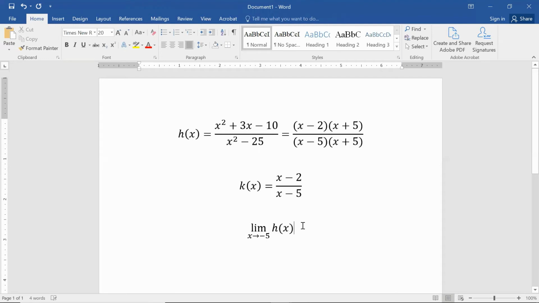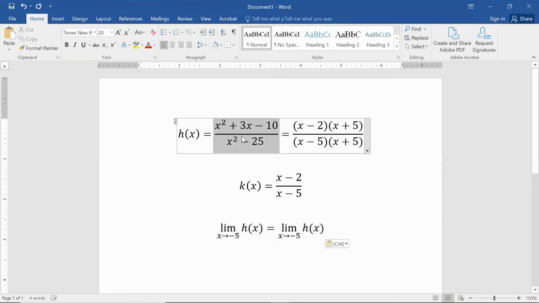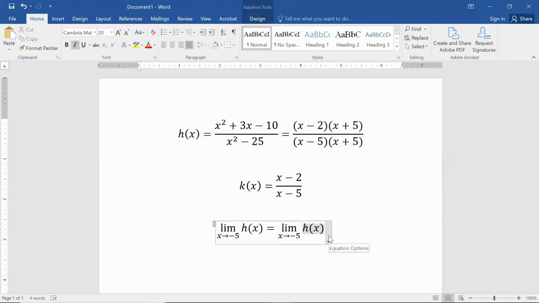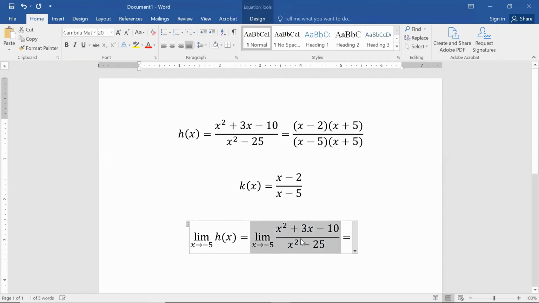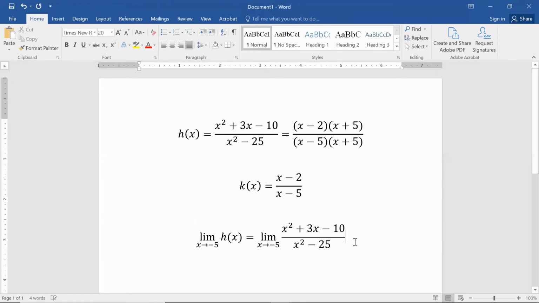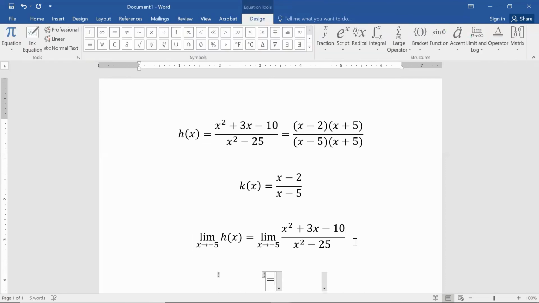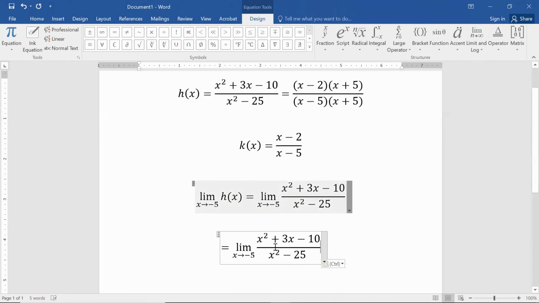Normally what people do, and this is just to be very blunt, people will take this and write it in the following way. They'll say limit as x goes to negative 5 of that big fraction is equal to the limit of the factored version.